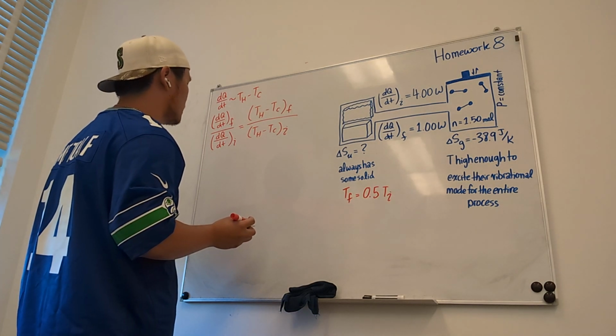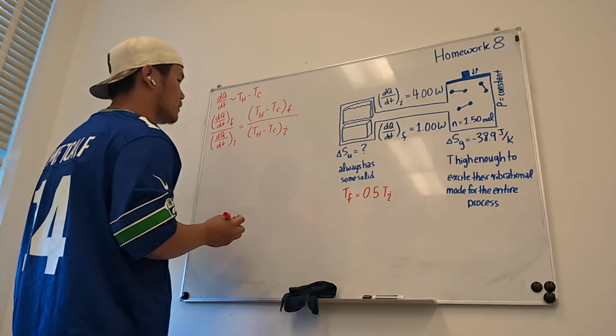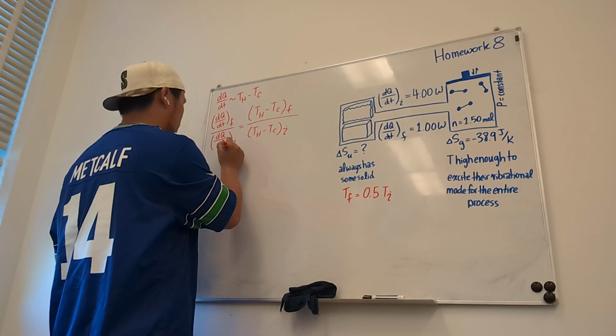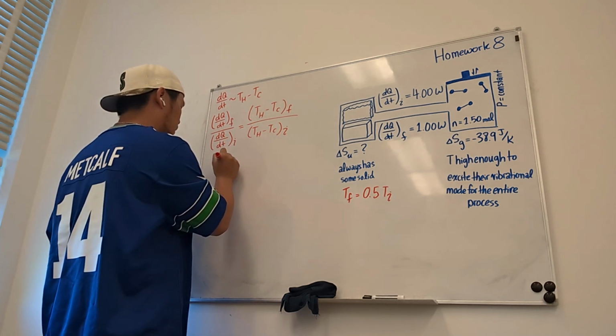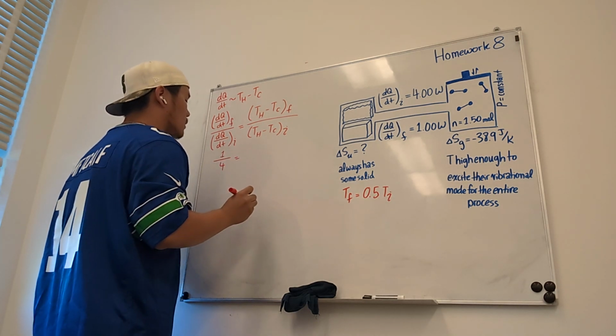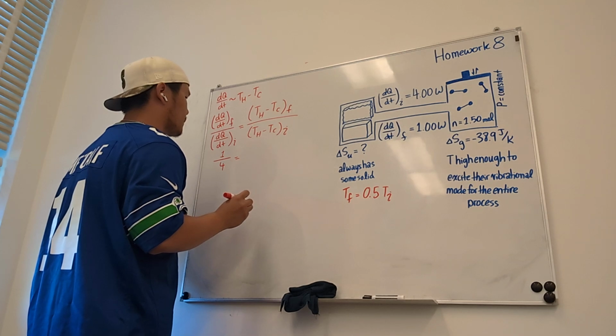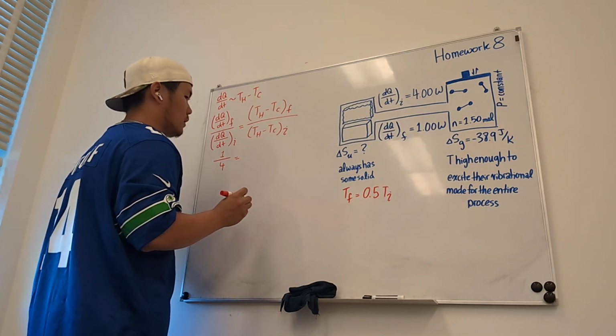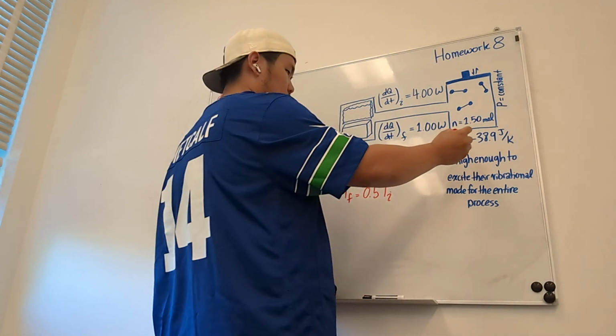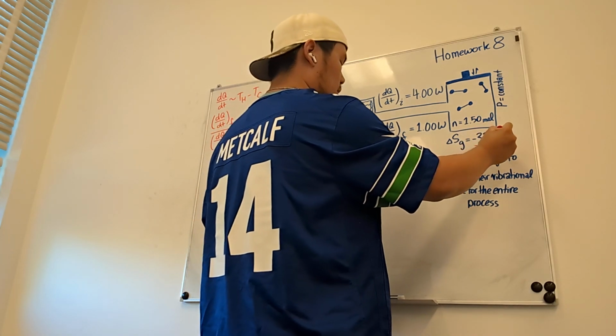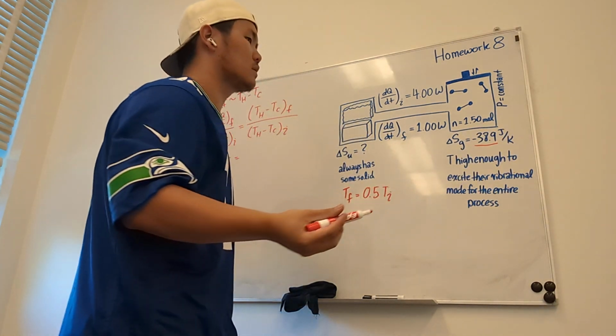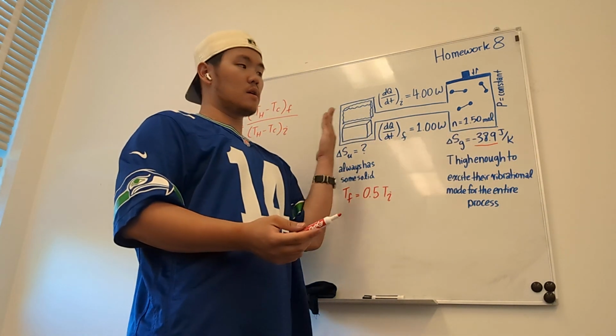Let's fill in some blanks here. We know final is 1, initial is 4, is equal to, what do we do with TH and TC? Well, let's look. We'll see that entropy for what we know is negative, which means heat is flowing this way.